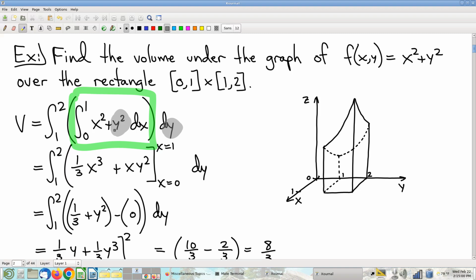If you want to take the antiderivative of a constant, the answer is that constant times your variable. For the inside integral, the variable is x, so I get x times y squared. Everybody okay with that? A little bit of a landmine, right? It's easy to look at y squared and think about power rule and stuff. So heads up.